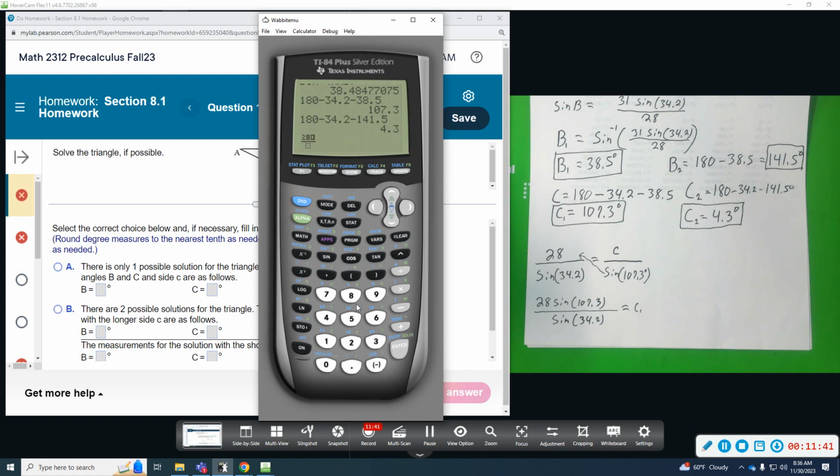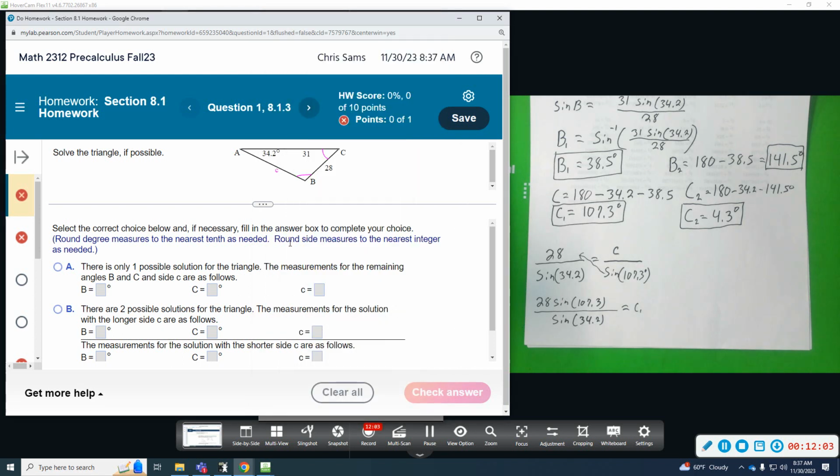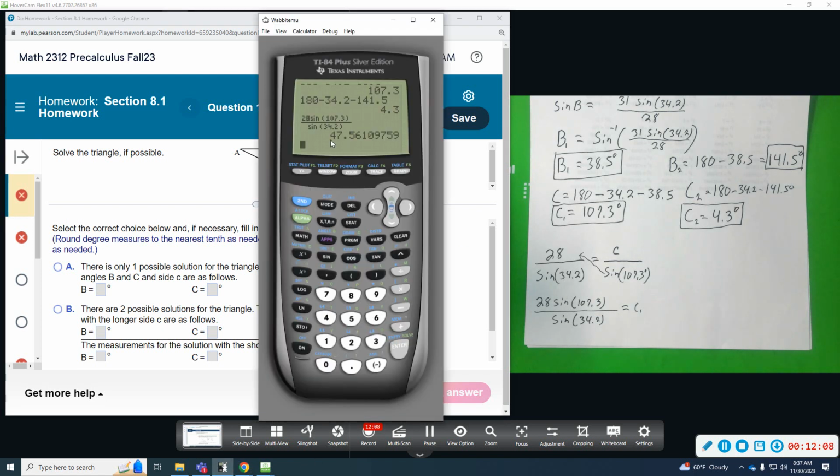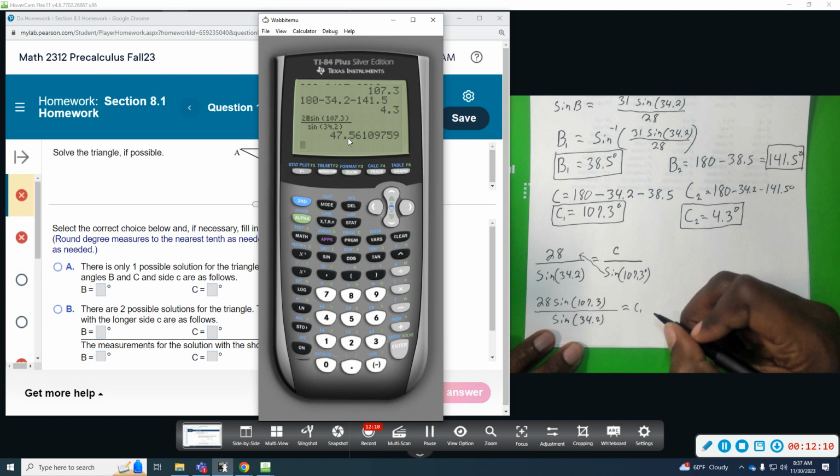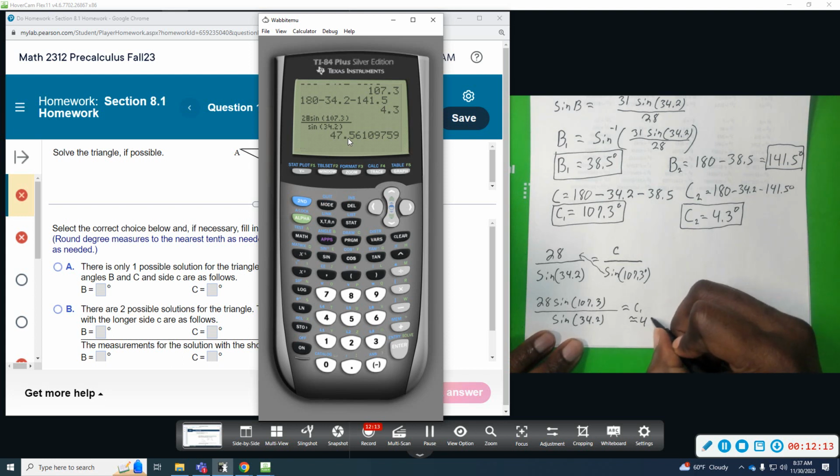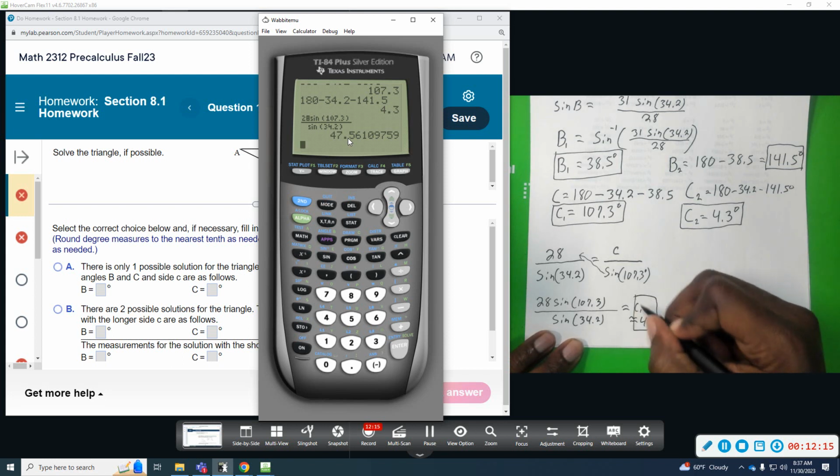So we'll do 28 times sine 107.3, and then sine 34.2 gives us a side length. And what do we want to round side measures to? The nearest integer. So rounding to the nearest integer, that will give us about 48. All right, so got my value for C1.